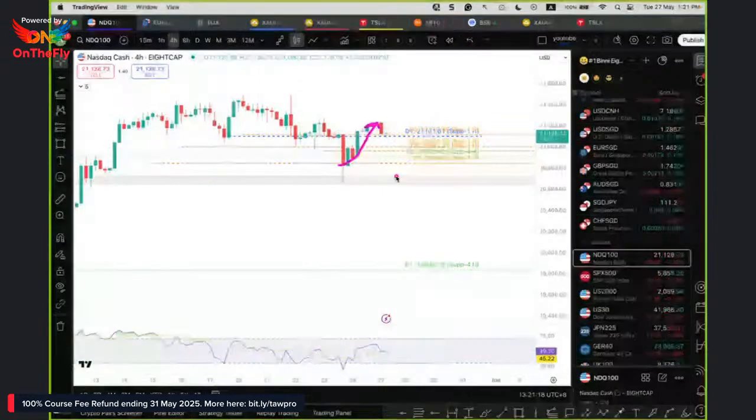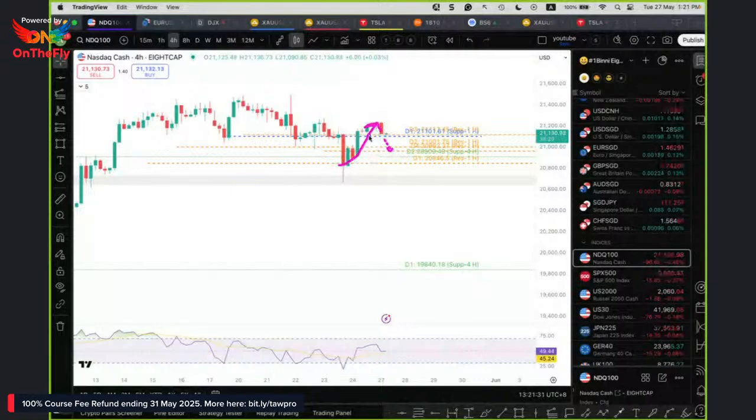There may be a possibility, as I disclaimed, for price to come down and test this zone. But as far as the tech is concerned, the signal is here already. This is all a resistance zone. So there's no signal to say that I'm bearish from the tech point of view on S&P 500 or on NASDAQ.